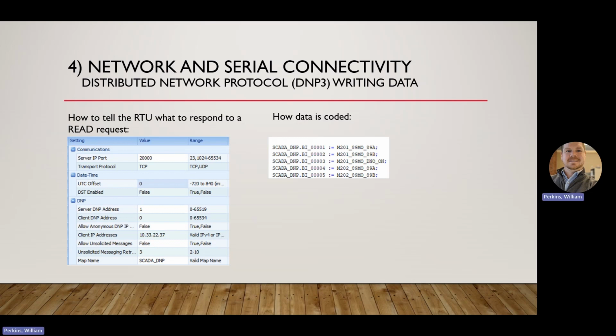In this example, we can see that within the SCADA map, programming establishes that the ECC point 1 is the 89A status of the M201 switch, point 2 is the 89B status of the M201 switch, and point 3 is the DNO on status of the M201 switch, and so forth.